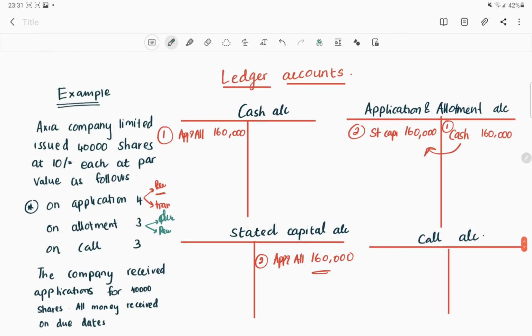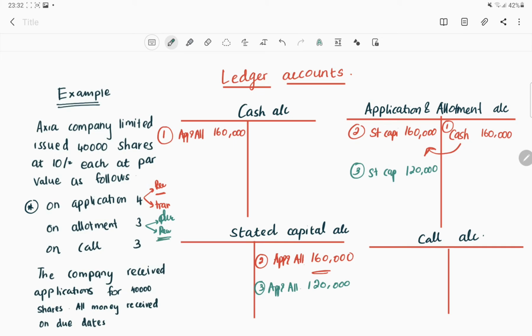So in order to record the due entry, I'm removing the money from the application and allotment account, 120,000, and I'm going to put that in the stated capital account as 120,000. So this would be my third entry. Here I'm writing stated capital, and here application and allotment account. And this is the entry for the allotment due.